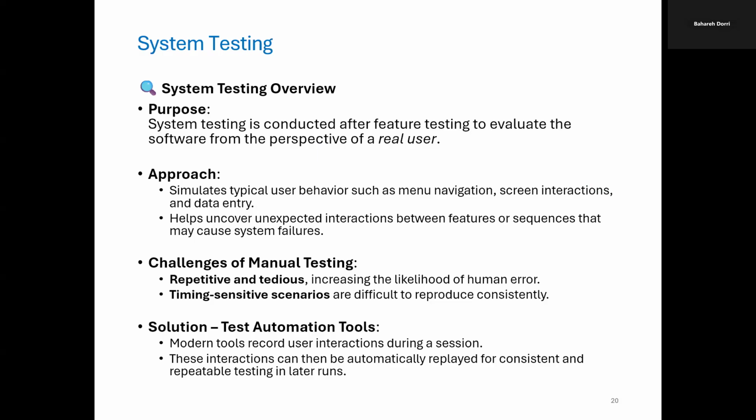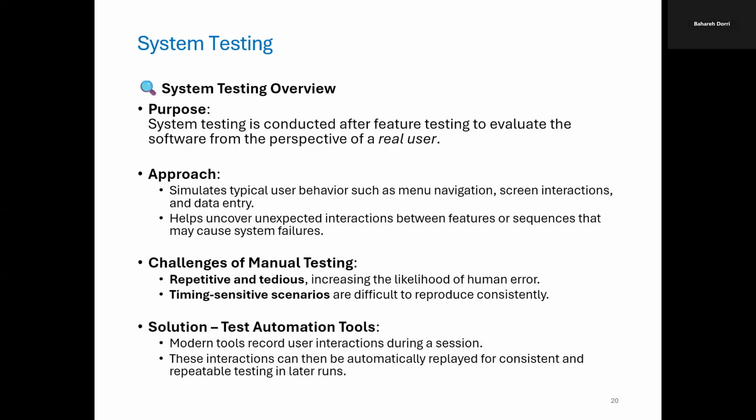Now, here is the catch. Doing all this manually over and over again can be super repetitive and honestly kind of exhausting. You're likely to miss something or just not click as fast the second time. That's why we use automation tools that record everything you do.